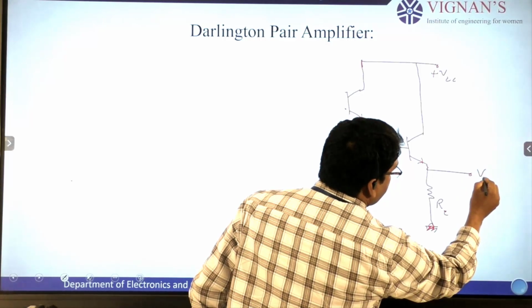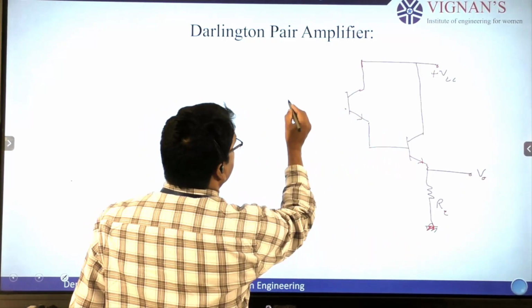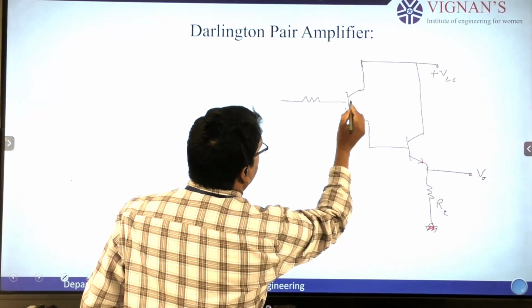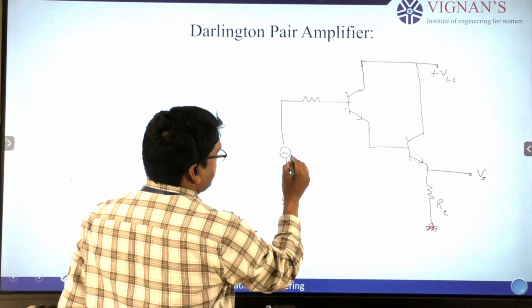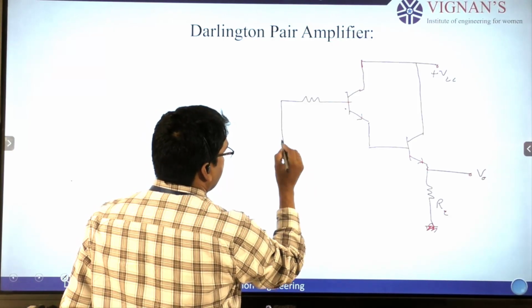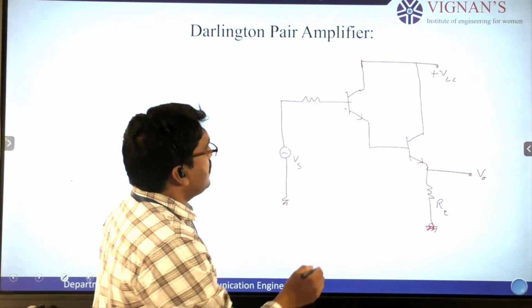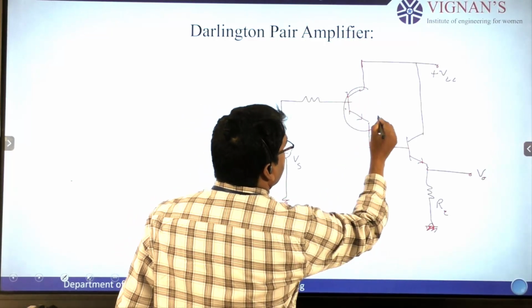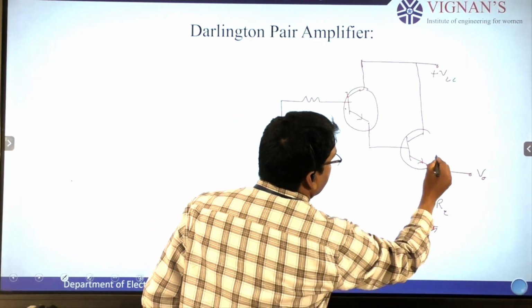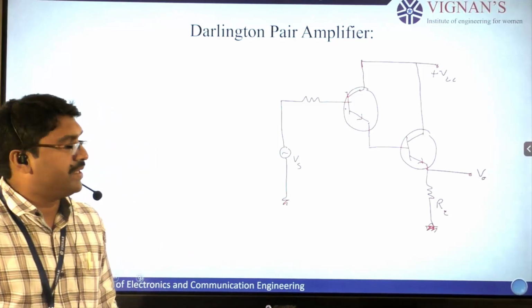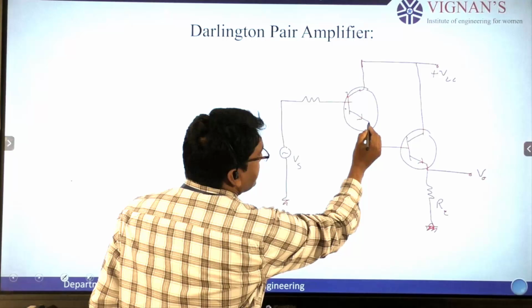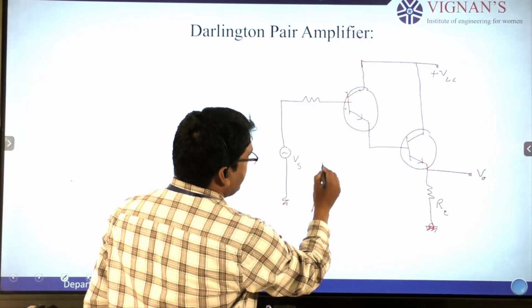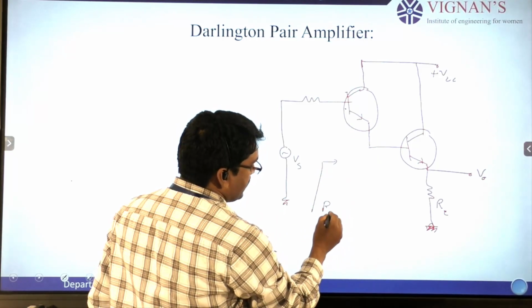Consider the output is taken here, and the input is given to the first transistor. This is called a Darlington pair or CC-CC amplifier. In this, my intention is to find out the overall input resistance.